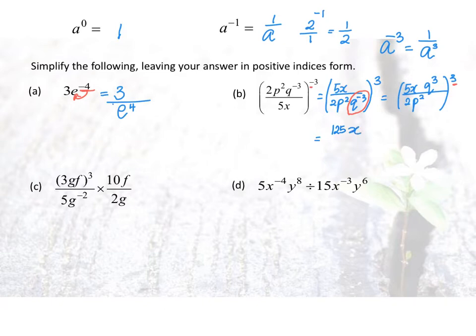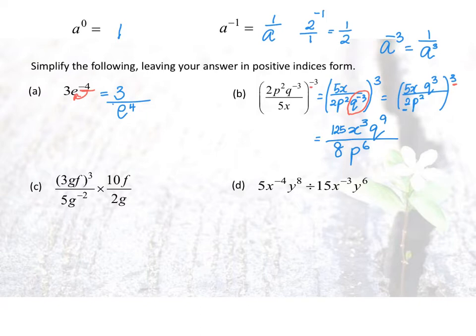Then we'll get x to the power of 3 and q to the power of, using the last law that we have learned, this will be q to the power of 3 times 3, 9. 2 to the power of 3, that will give me not 6, but 2 times 2 times 2 is 8. And I will have p to the power of 2 times 3. That will give me p to the power of 6.